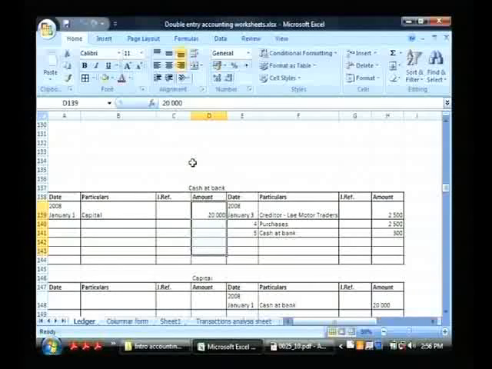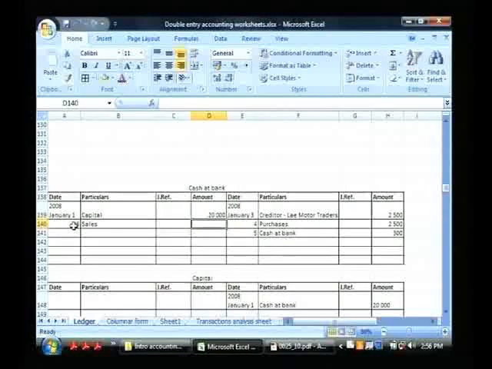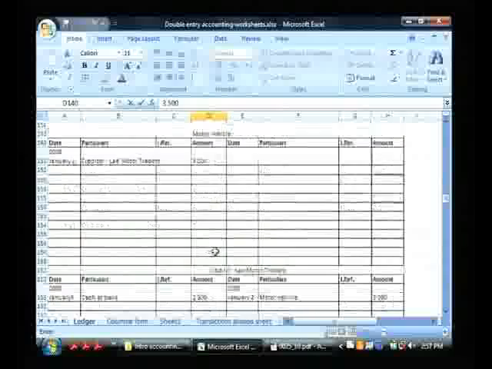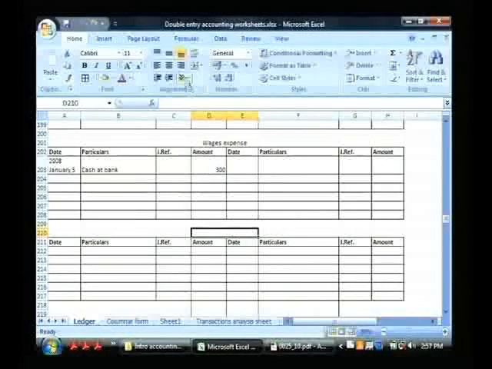Next, 5th, sold goods: cash at bank account debit and sales account credit. Amount is 3,500. Now we have to open up a new account for sales.